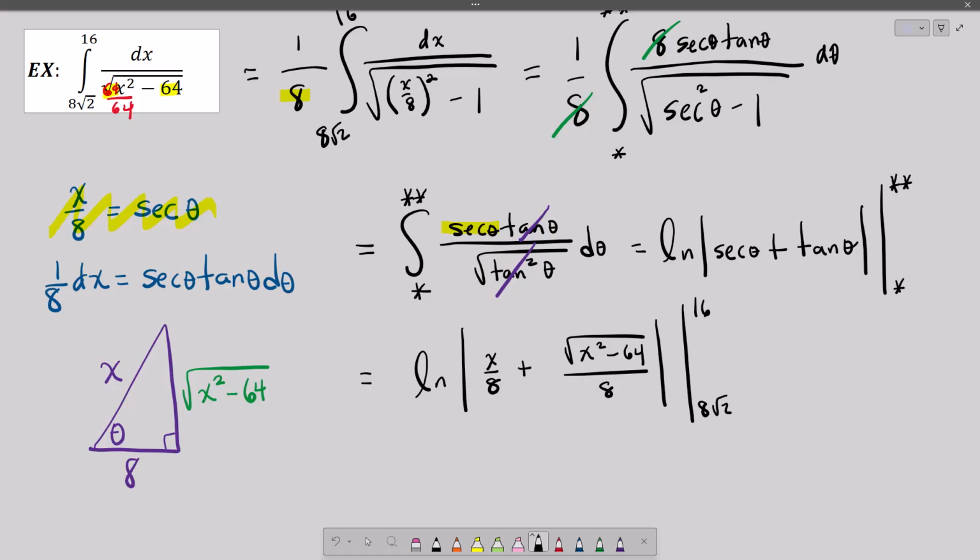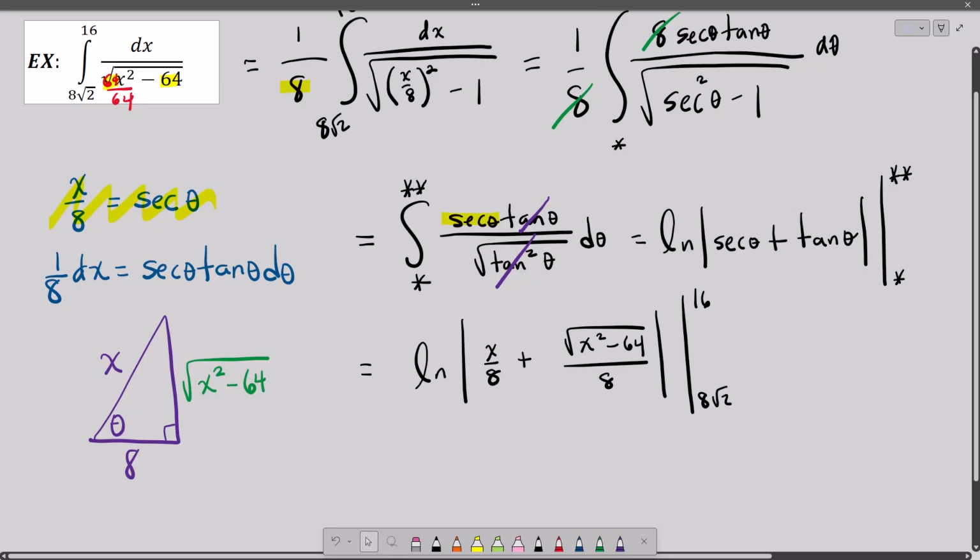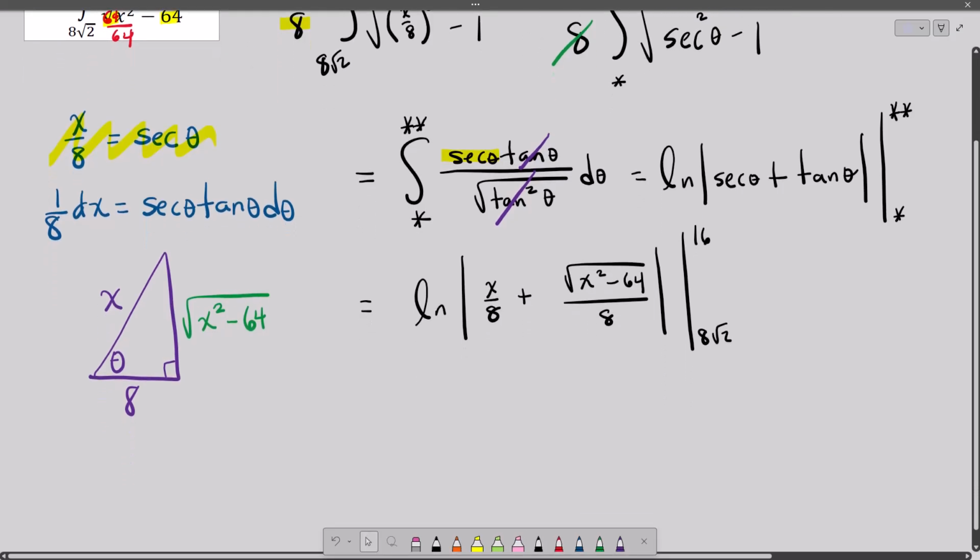Then we go back to the x limits. Any questions up to there?